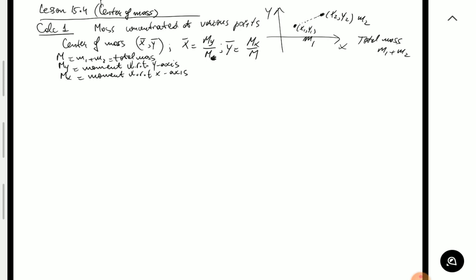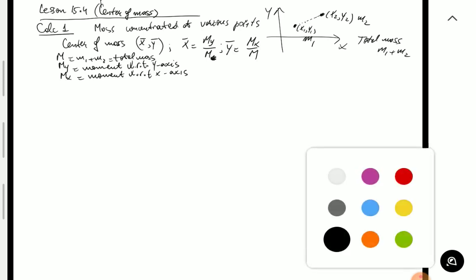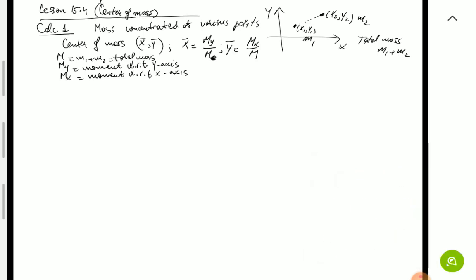If you go back to the picture and draw it with a different color, if you want to balance the object, in other words, if you want to figure out where on the horizontal line the coordinate x bar of the center of mass will be, that means you want to balance the object with respect to the y-axis.